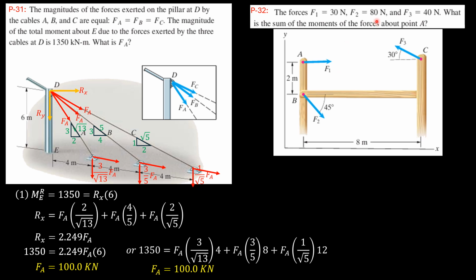F2 is 80 newtons, and it has two components. The vertical component passes through A, so it has no moment; only the horizontal component is considered, and that is 80 cosine of 45 degrees.